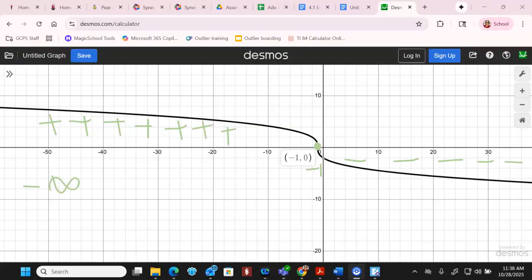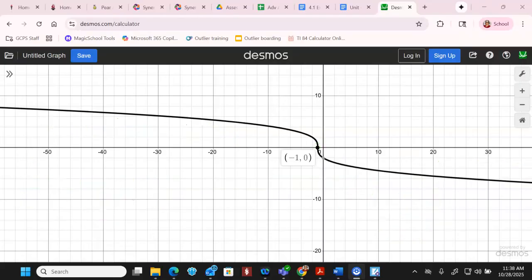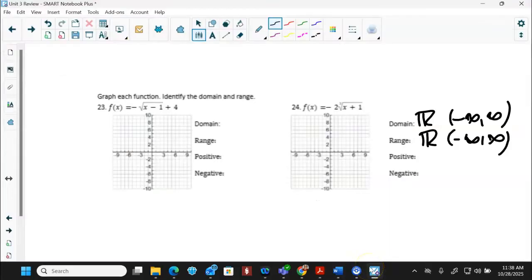Negative infinity to this number, they're all positive. After this number, -1 to infinity, they're all negative, okay? So again, negative infinity to -1, they're positive, and after they hit -1 to infinity, they're negative, okay?